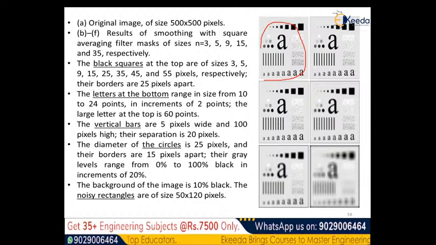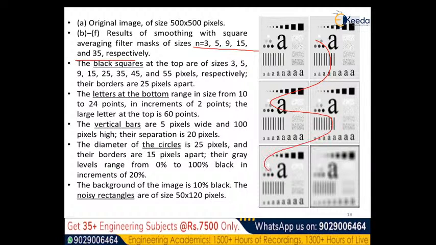Various elements can be seen, and as we vary the mask size, we have different effects from this image to this image. In the last image the blurred effect can be clearly seen.